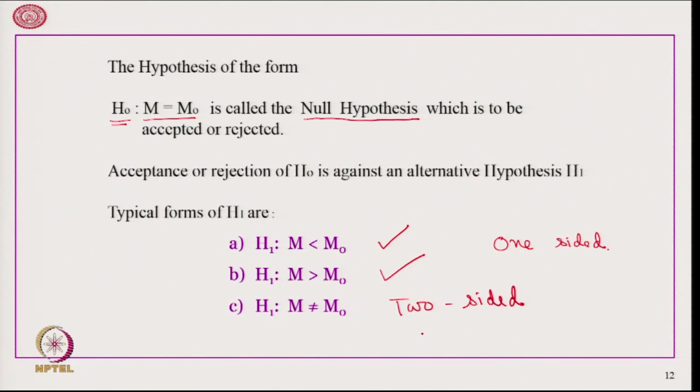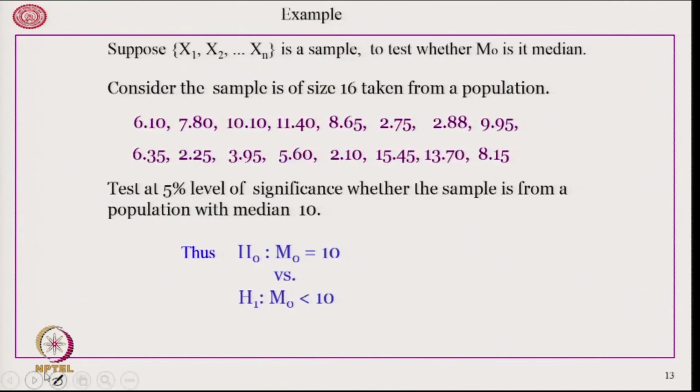These alternative hypotheses are denoted by H 1. For example, suppose I have n samples x 1, x 2, x n, and we have taken a sample with n equal to 16, and I am giving you the values of the 16 observations.